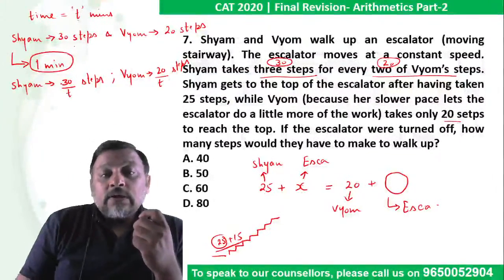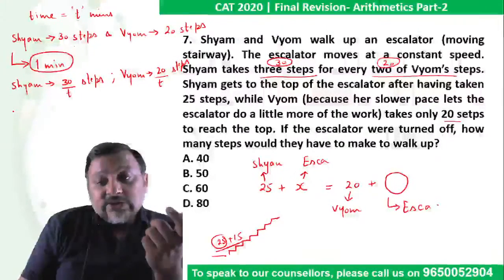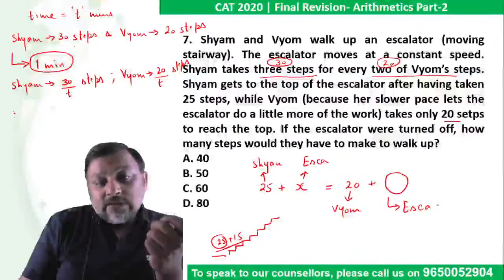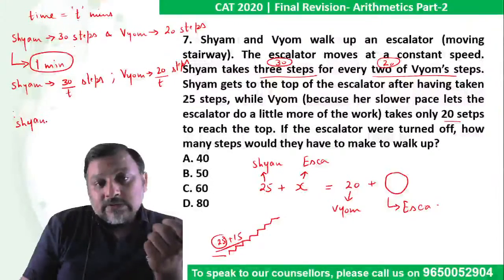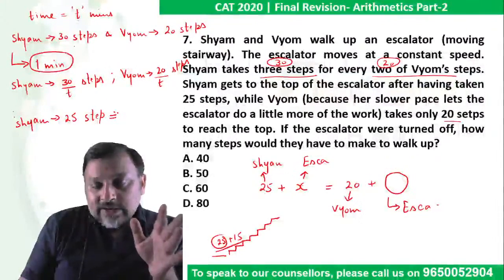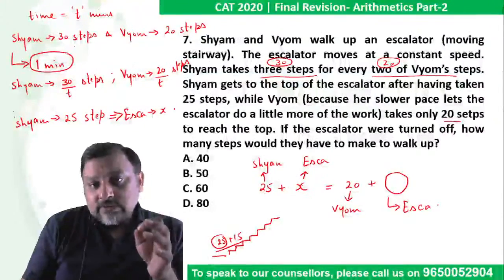Okay, so we know this relation, and we have assumed this relation. That means if Sham takes 25 steps in some time, then in the same time escalator moves x steps.